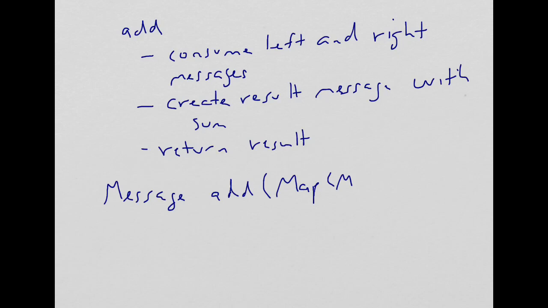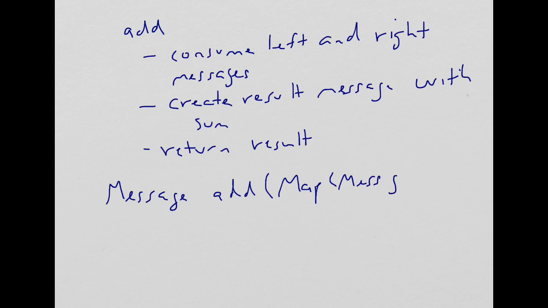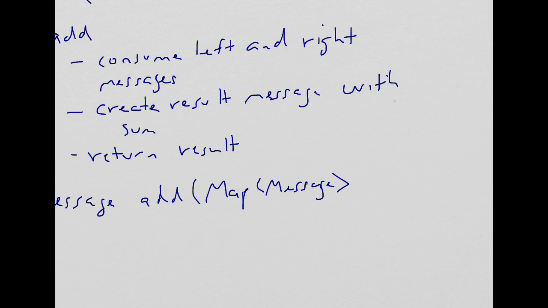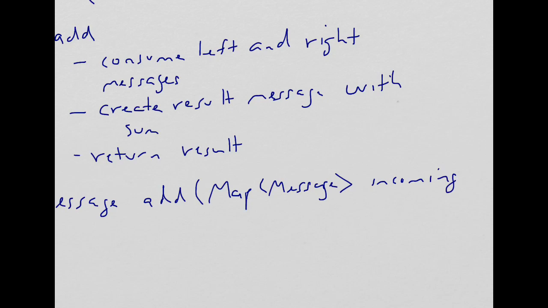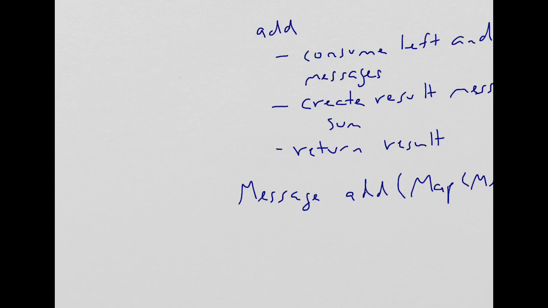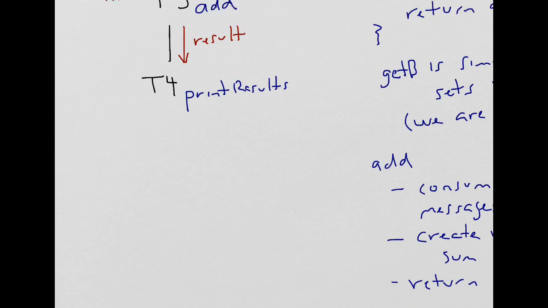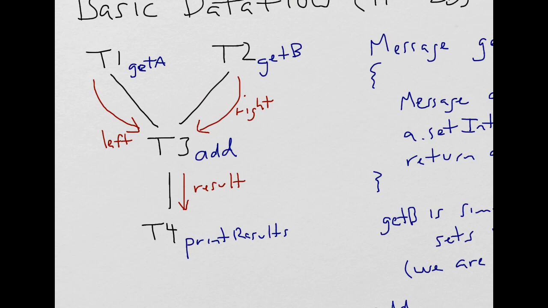Now you might wonder, why do I have a map of messages? And the answer is that we need to be able to identify which input is being handled. So take a look at the add method here. You'll see that there are left and right messages coming in.